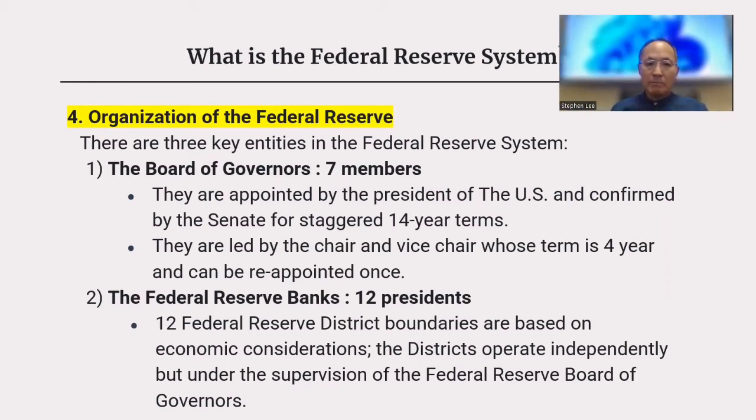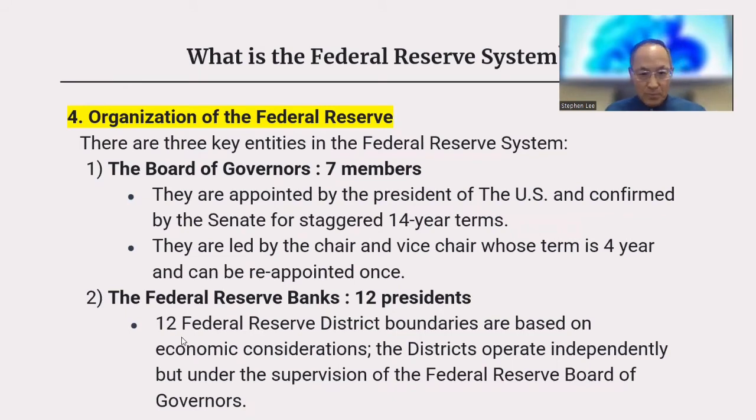But the takeaway point is: the Board of Governors, 7 members, is a government agency, the President of the US appoints them, and they are confirmed by the Senate. The chair and vice chair terms are only 4 years, and they can be reappointed. Jerome Powell was actually reappointed, so it's a second term.